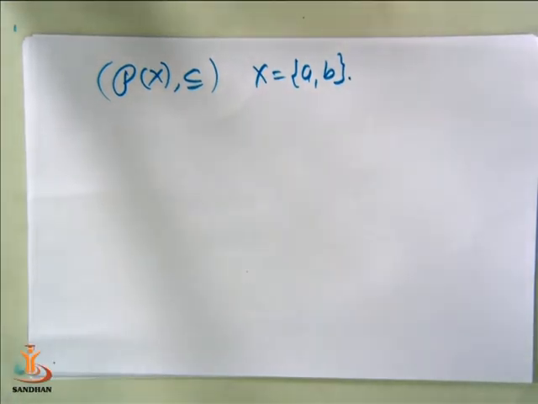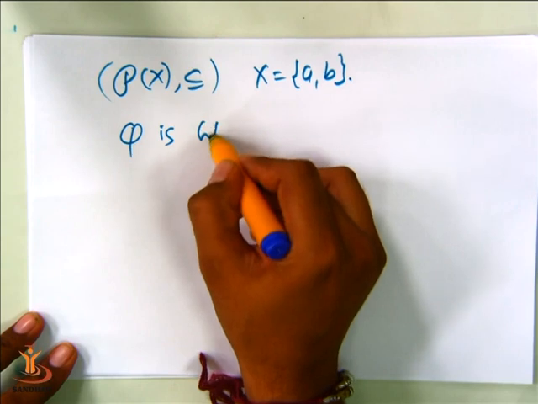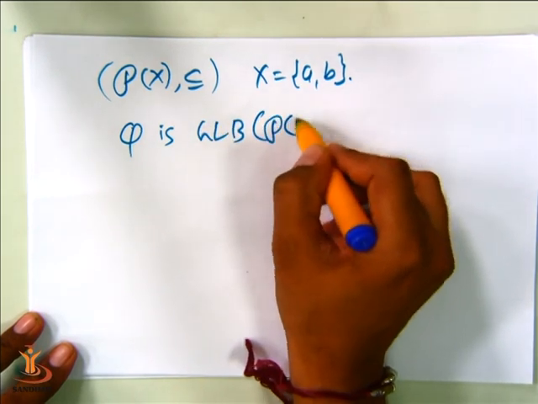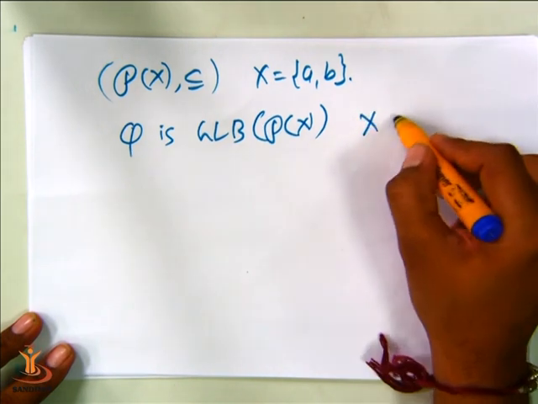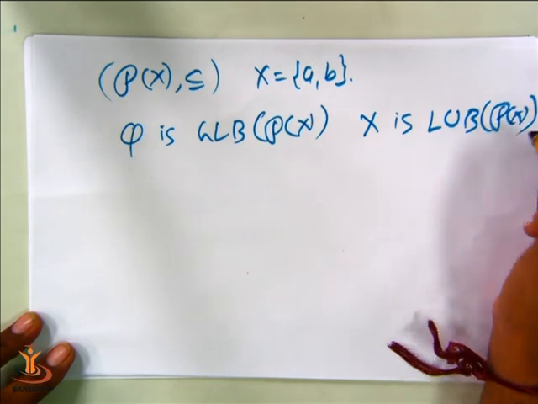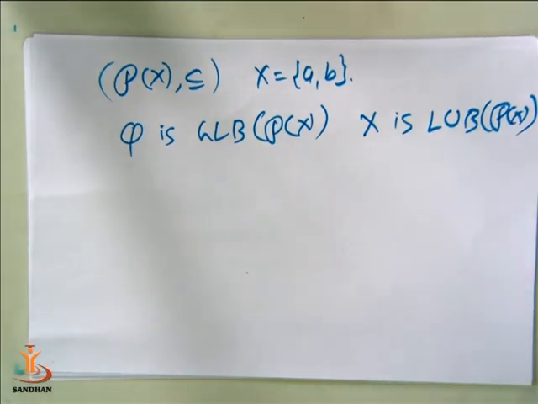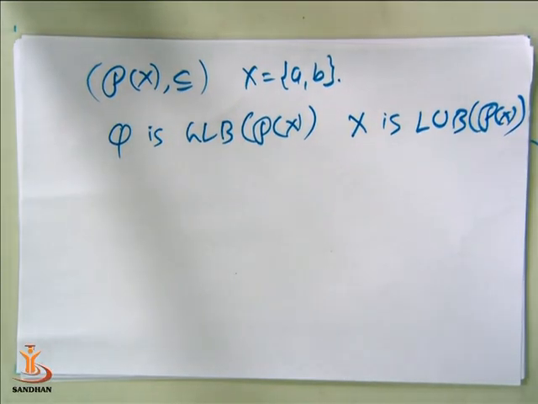This power set of X is a bounded lattice because we know that phi is the GLB of the power set of X and the whole X is the LUB of the power set of X. That means for the whole set L equal to the power set of X, phi and X are the GLB and LUB respectively. So the power set of X with less than or equal to is a bounded lattice.